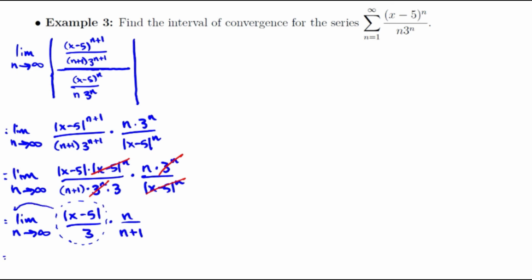So this is x minus 5 over 3 times the limit as n goes to infinity of n over n plus 1. And remember, we hopefully know where that's going. n and n plus 1 are basically the same in the long run, so it should all head to 1, but to make it formal, you can always multiply by 1 over n on top and bottom.